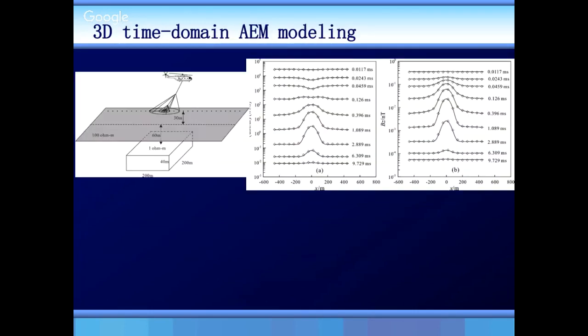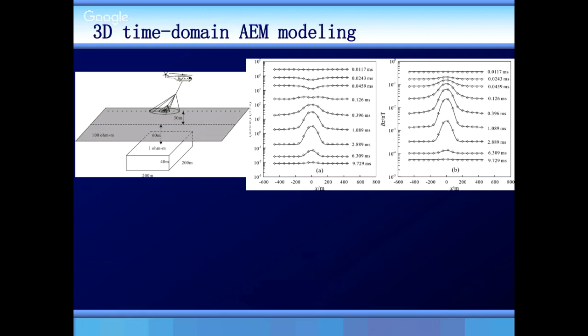This is the model, and this is the profile response. The diamonds are the separation method results, and the solid line is the total field method. Here, the total field method means I directly calculate the response without any field separation, and the transmitting current is directly put in the transmitter loop and then I do the calculation.